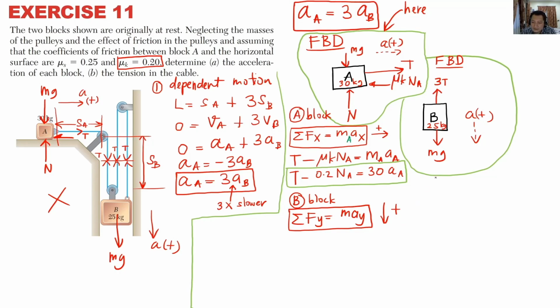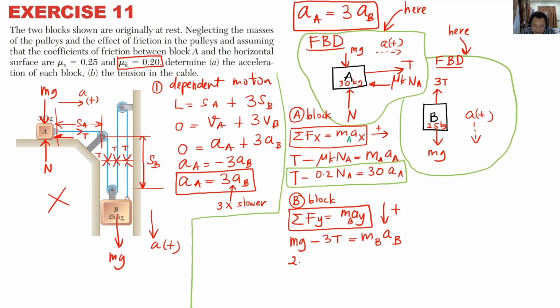So look at this one. So we only look here. You don't need to look at original photo anymore. Look at your free body diagram. So 3T is already a negative. Mg has become a positive. So Mg minus 3T is equal to MB AB actually. This one is MB.